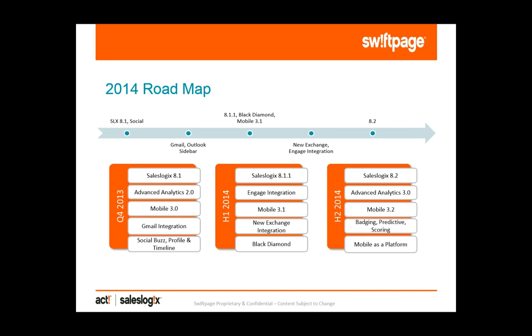And then finally, mobile as a platform, on the bottom right. As we continue to build out our mobile capabilities, we see the CRM world moving to building user-driven apps around what a user needs. So having just enough CRM exactly where and when you need it, and our mobile platform will allow you to do that.